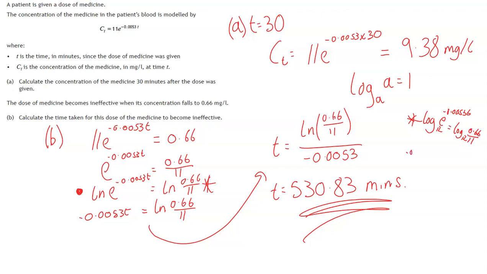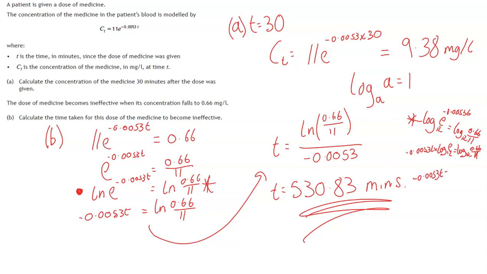So I'd have negative 0.0053t times log to the base 12 of e equals the log to the base 12 of 0.66 over 11.